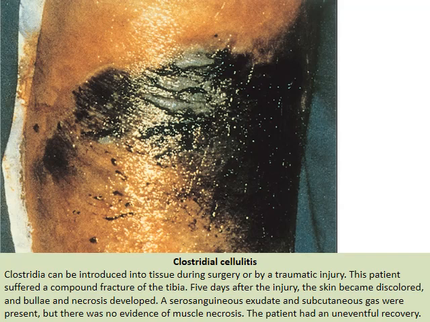So this is important because it may occur that a person in this case had a compound fracture of the tibia, and when they did surgery on that, they found out that the instruments were not properly autoclaved. And then again, it caused the patient a very severe form of clostridial cellulitis, and you can see necrosis because if there is a lack of blood supply, the tissue will die.